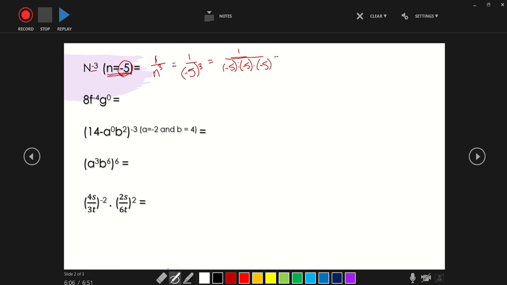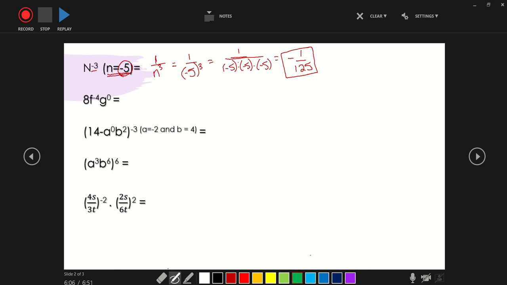And then we know that -5 times -5 is positive 25, times a -5 again is a negative 125. So our fraction then is -1/125. And I know some people missed this, I think it must have been squared on the test, because they put a negative and there shouldn't have been a negative there.